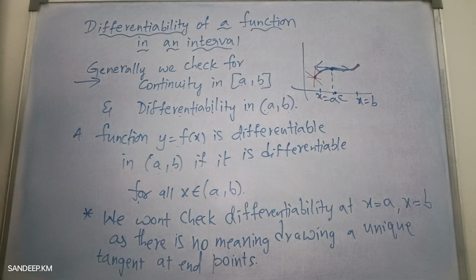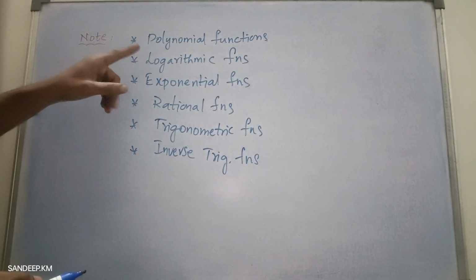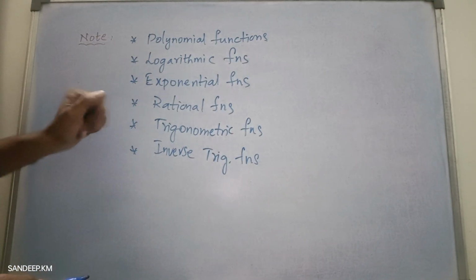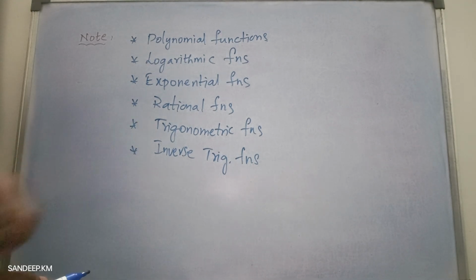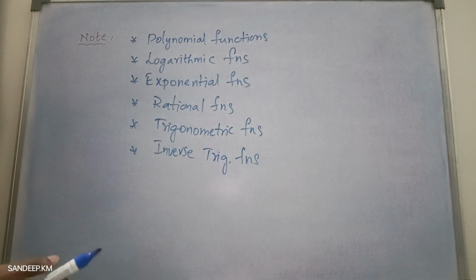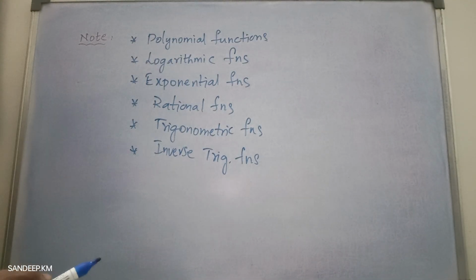Okay, now let us solve some problems based on this. Before that, a small but important note, dear students. Look at these six types of functions: polynomial, logarithmic, exponential, rational, trigonometric, and inverse trigonometric functions. We have already discussed that these functions are continuous in their domain.